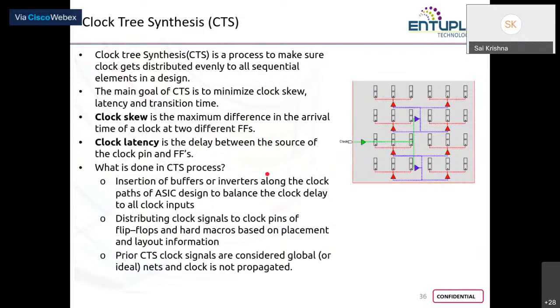Okay, and one more thing I forgot to tell you. Clock inverters and clock buffers are very much different from your regular inverters and buffers. Your regular inverters and buffers will have PMOS and NMOS, as all of you know, an inverter is made up of a PMOS and NMOS.